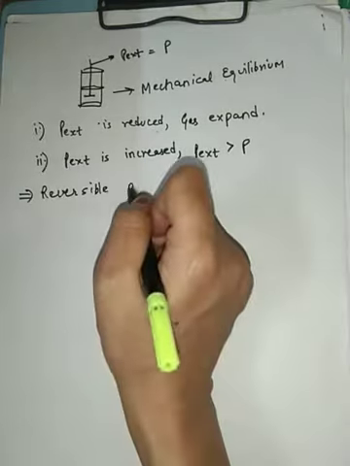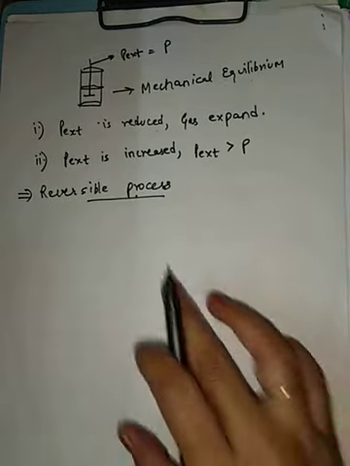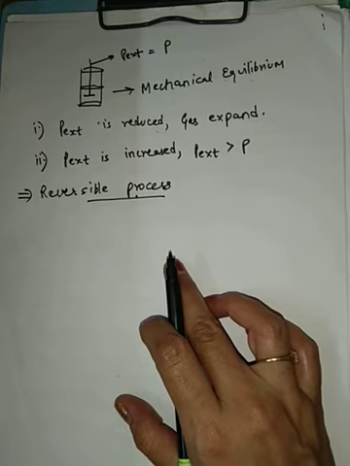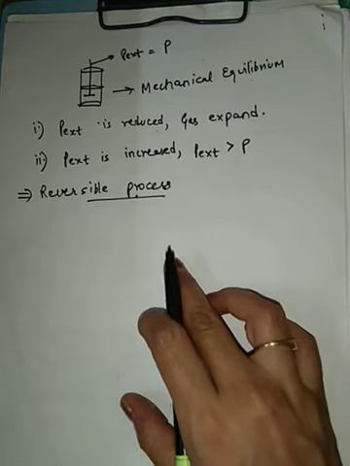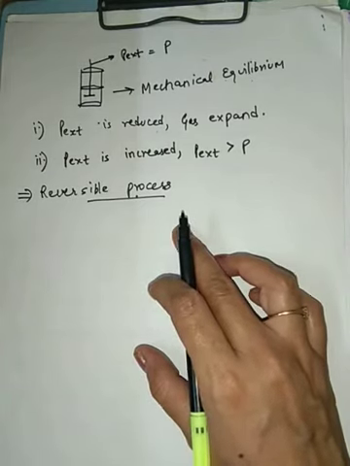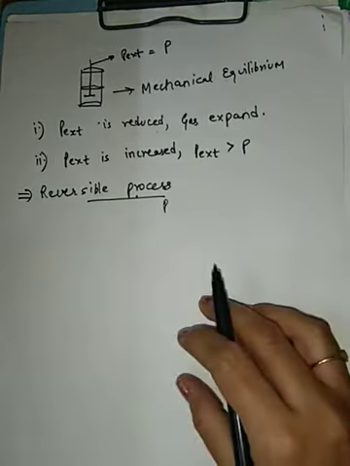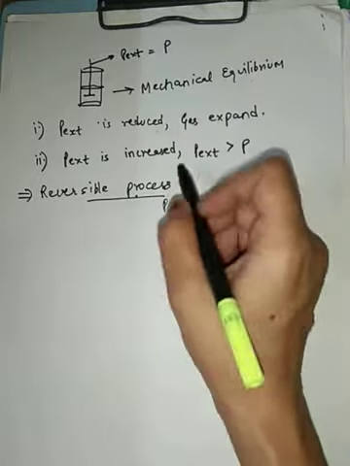What is a reversible process? A process which is conducted in such a way that at every stage the driving force due to the pressure of the gas, that is P, is infinitesimally greater than the opposing force. क्यों था? Because of the external pressure.